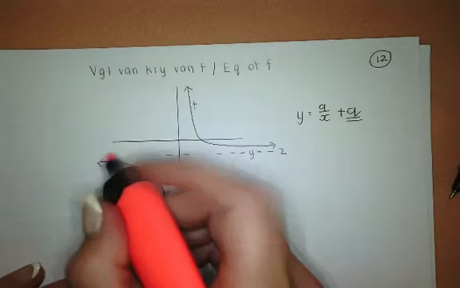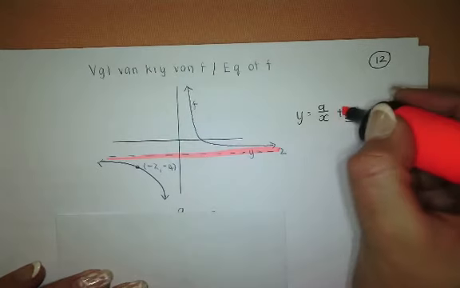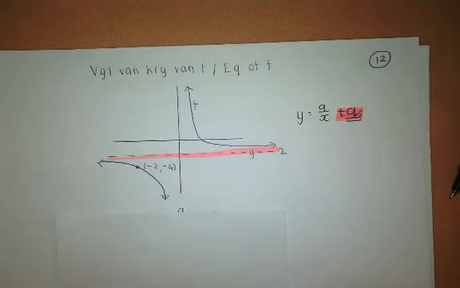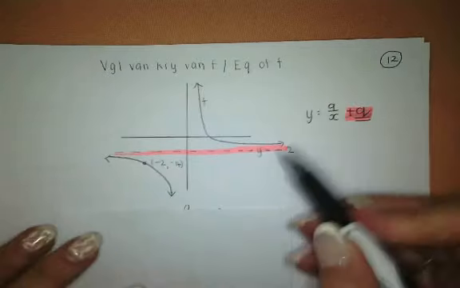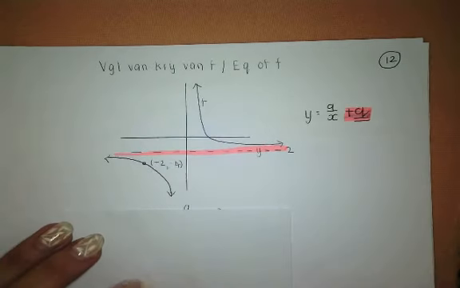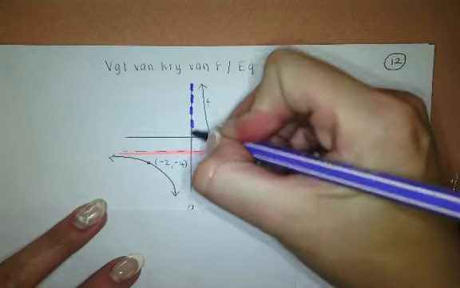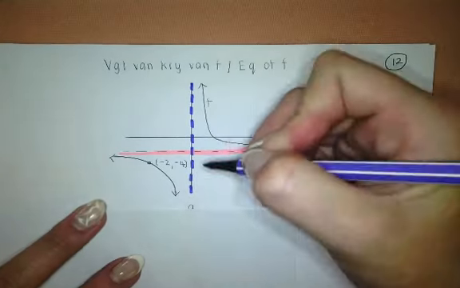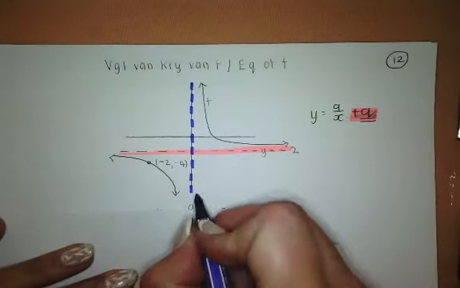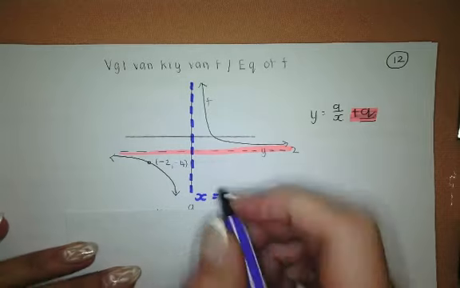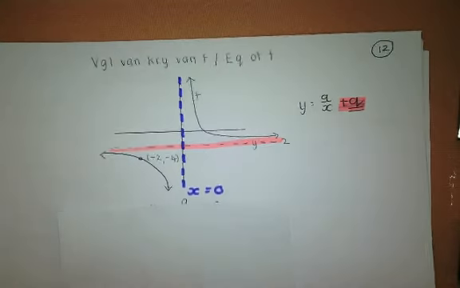Yes. My q is negative 2, that's our first asymptote. Our other asymptote is also there, we just don't see it. So I'm going to write it in there for myself just so I know: x equals 0. That's also an asymptote.